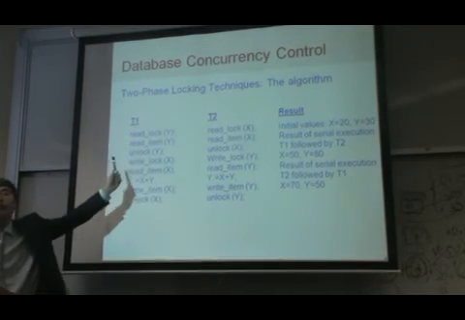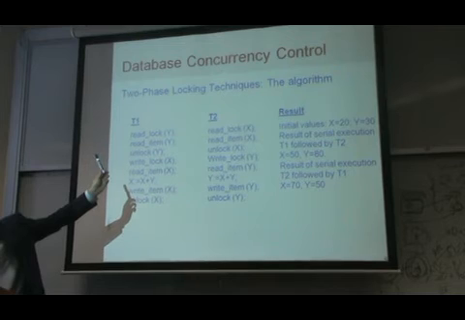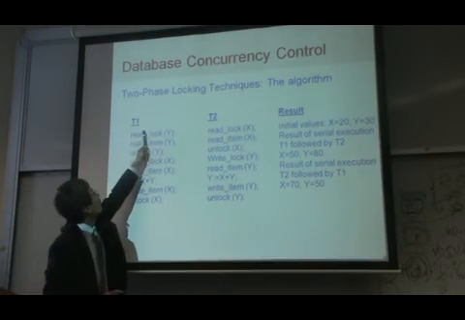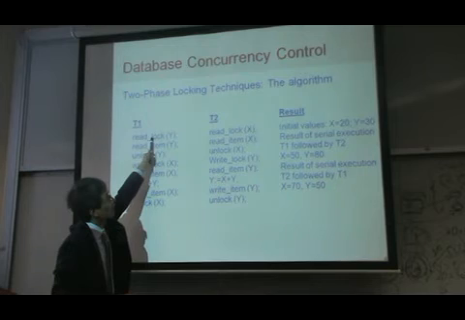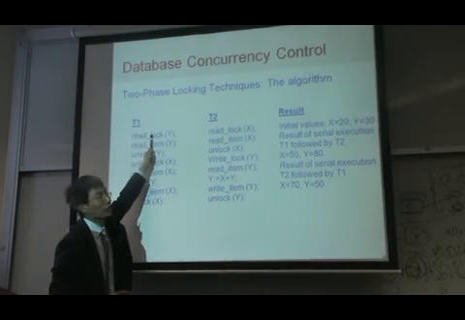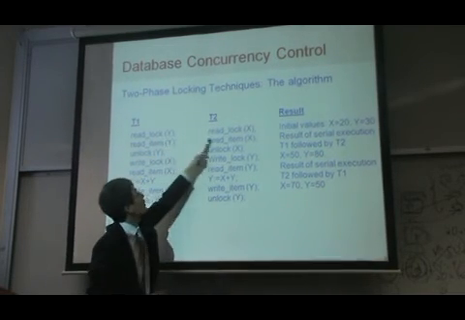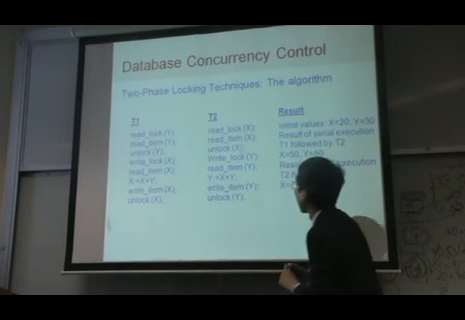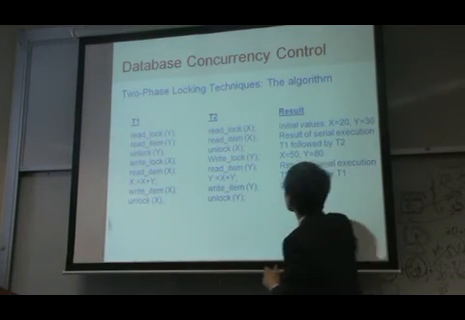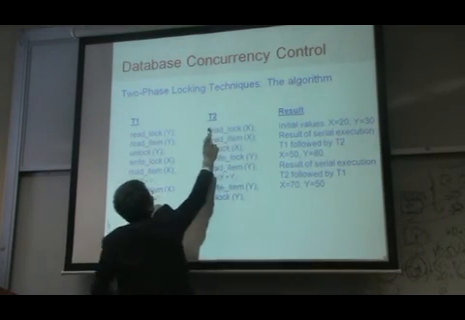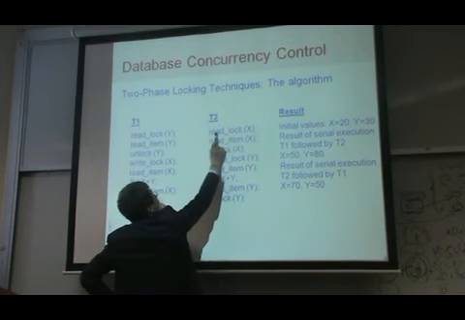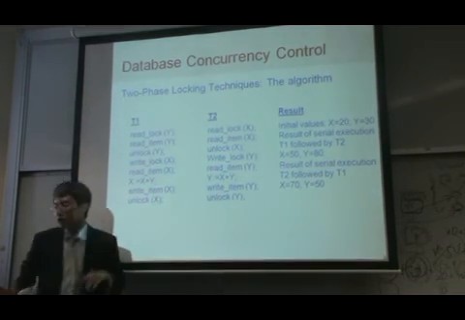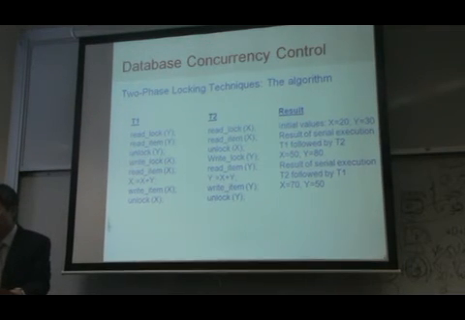So if we do not consider the locks, which means first read, T1 followed by T2, that may result in one outcome. Or if you execute T2 first, then it will show a different value.